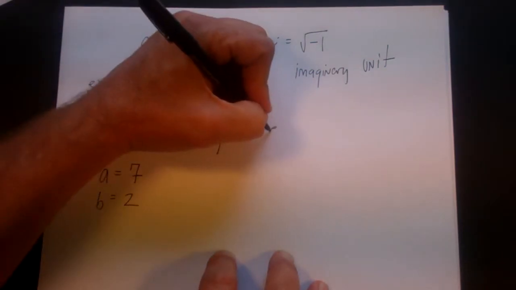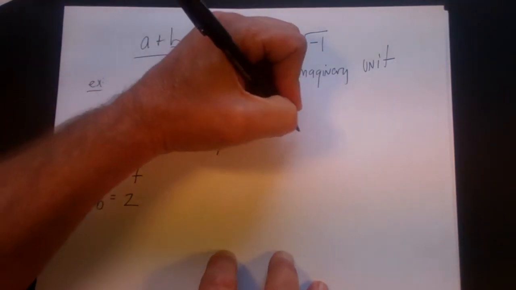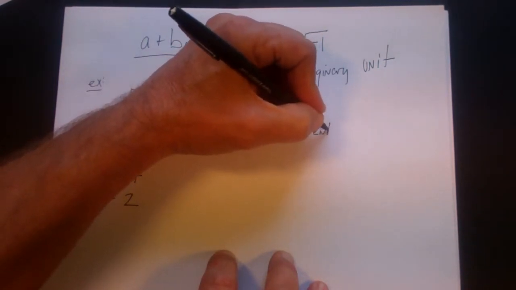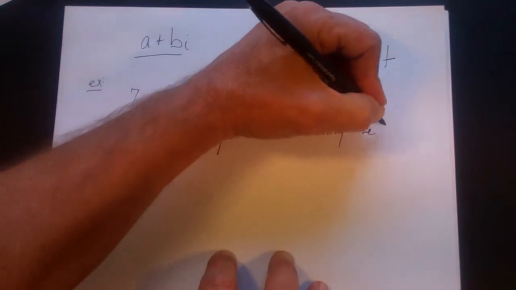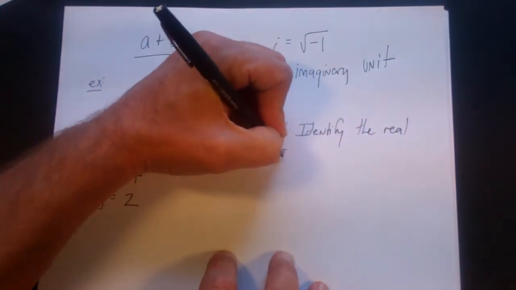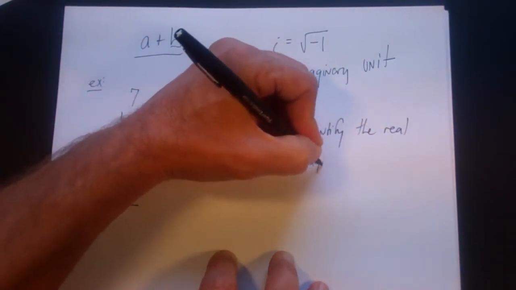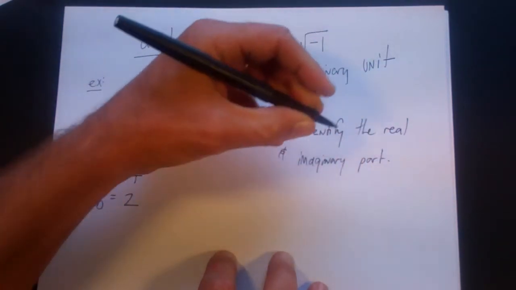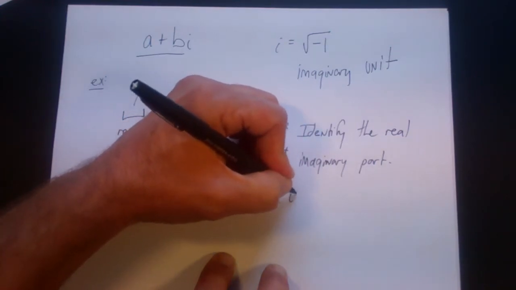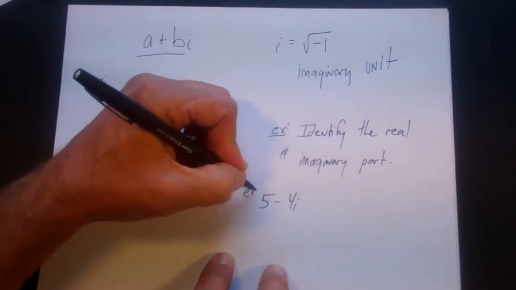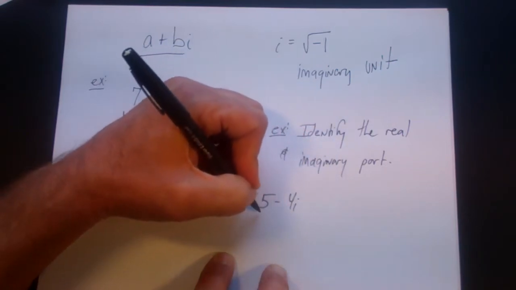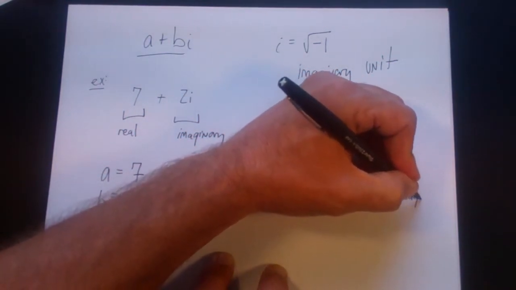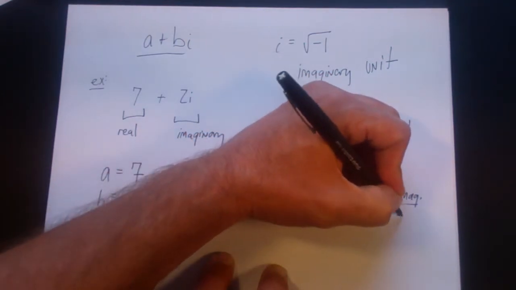Let's do another example. Let's identify the real and the imaginary part of each. So if you had 5 minus 4i, the real part would be 5, and the imaginary part would be -4, or -4i.